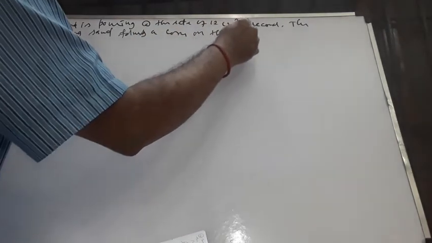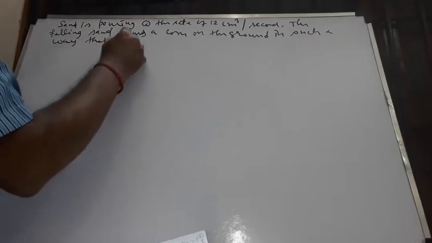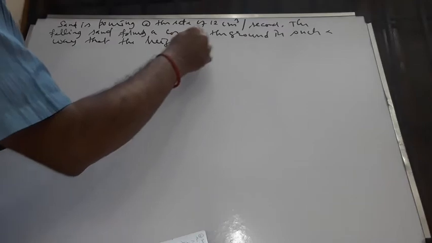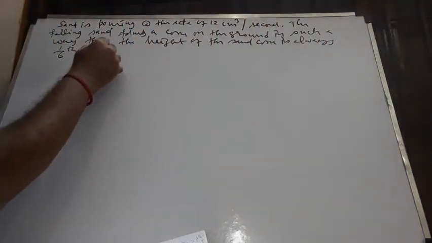The falling sand forms a cone on the ground in such a way that the height of the cone, you can even say sand cone, is always 1/6 of the radius. Okay, 1/6 of the base radius.